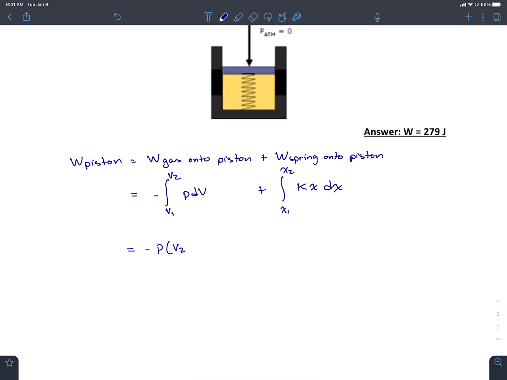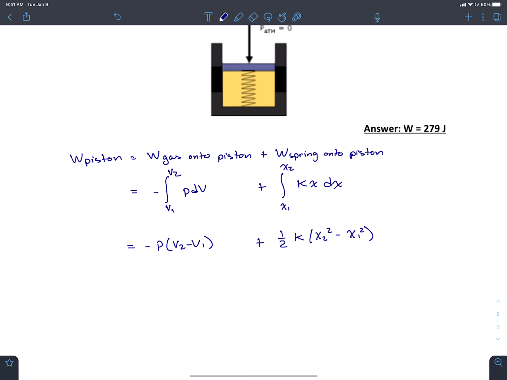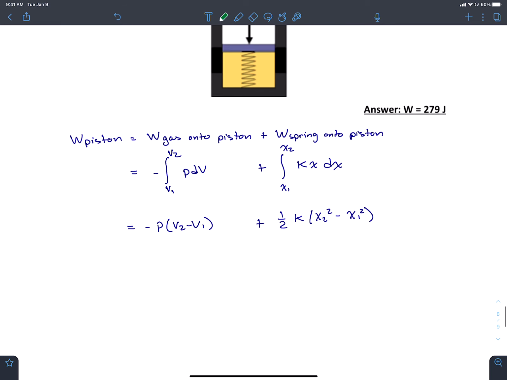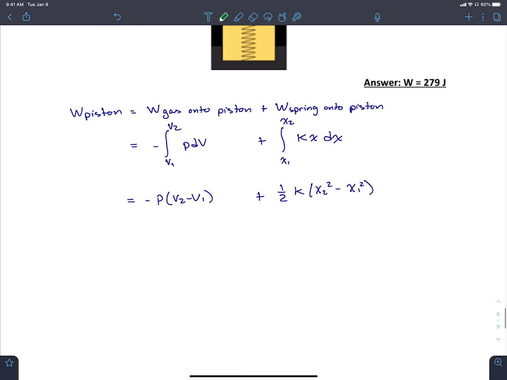same thing. So P times (V2 minus V1) plus 1/2 K times (x2 squared minus x1 squared). My handwriting today is atrocious. Anyway, what we can say is, we don't know the volumes, but we're given that there's some sort of distance.